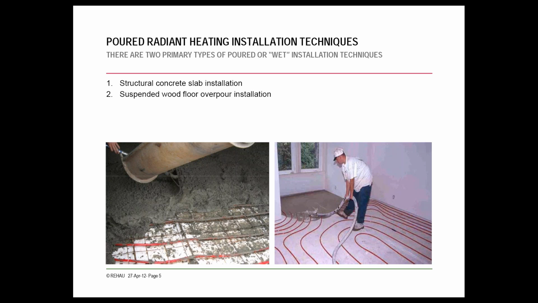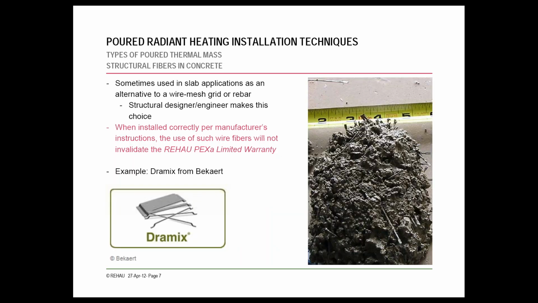Typically with a wet installation, there's two main installations: a structural concrete slab and then a suspended wood floor or other deck that has the material over poured. As you can see here, they're kind of showing it both ways. On the left is your standard poured slab, and on the right is an over pour installation in a residence.